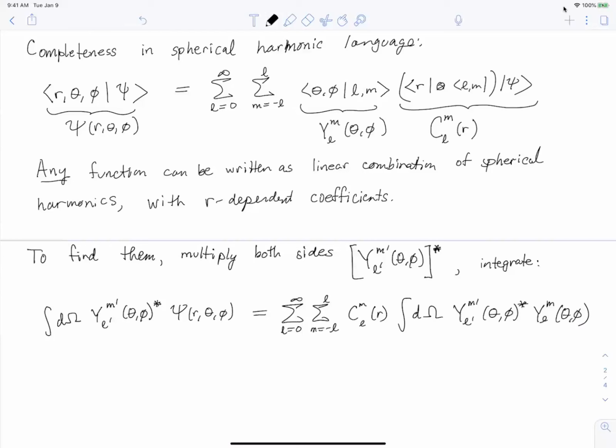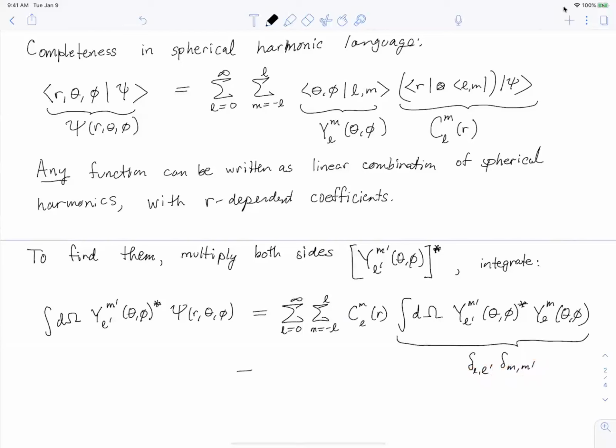Okay, but now's the good part. The good part is this was defined, the way we defined everything, to be a Kronecker delta. So that means even though I'm summing over all L's and M's, the only ones that actually contribute in the sum here is when M equals M prime and L equals L prime. So that means I can do the sum by taking it away and just plugging in those values.